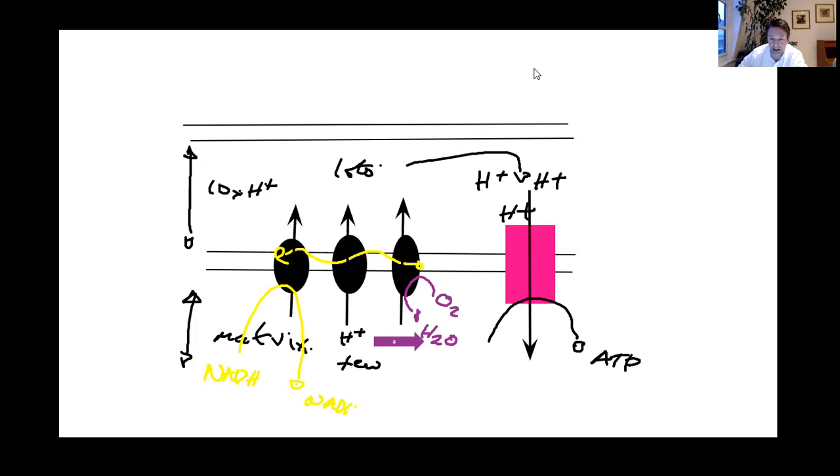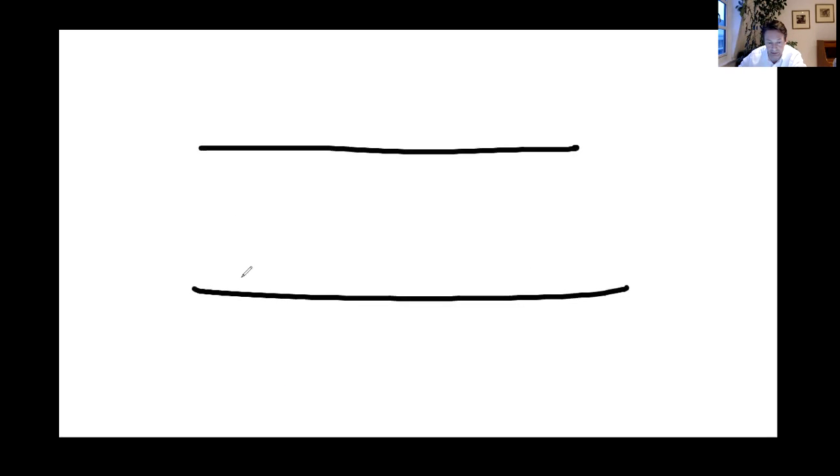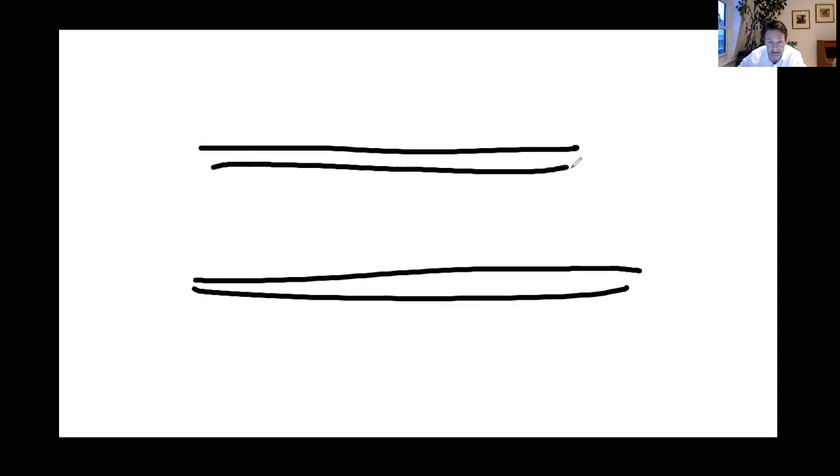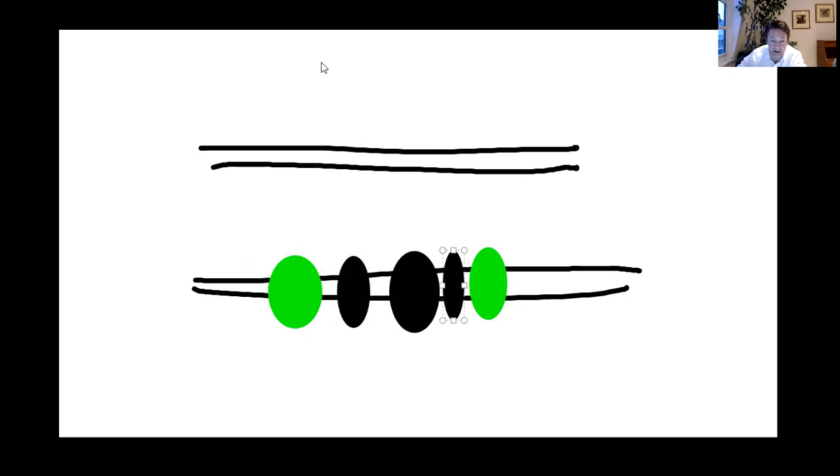If I just clear this and we compare it to what's going on in a chloroplast, so we've got a thylakoid membrane, another thylakoid membrane, so we do a double membrane like this. Remember, in a chloroplast, you've got photosystem 1 and photosystem 2, and then you've got a chain of carriers, and then you've got electrons flowing down that chain of carriers from photosystem 2 to photosystem 1.